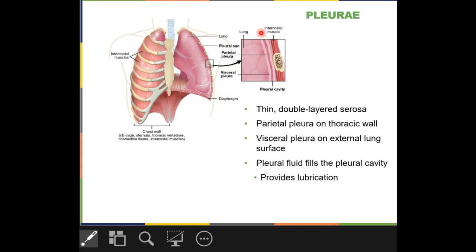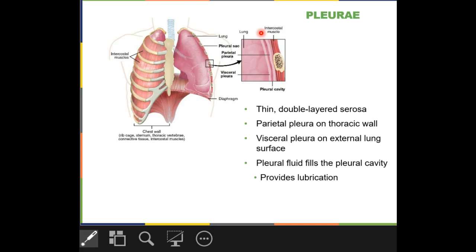So when your chest cavity goes up and down, I shouldn't say your lungs move, but your chest wall is going to rise and fall when you inhale and exhale. So your ribs are moving up and down relative to your lungs. Now, your lungs are somewhat delicate tissue.